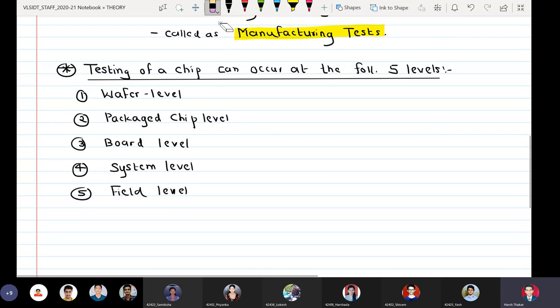Okay, now let us understand what is the cost incurred when a particular fault or an error is found at any of these 5 levels.